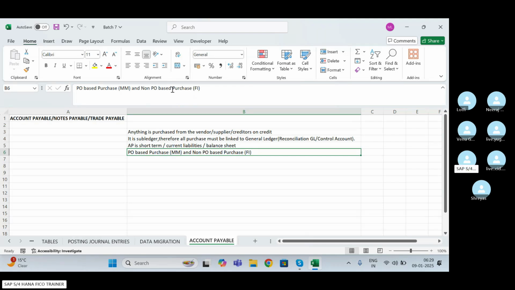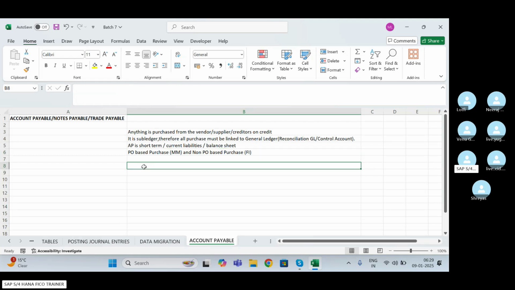You don't do that, you instantly purchase it. So that is like non-PO based purchase. Instantly you're purchasing, on an ad hoc basis, and you're not bothered about the plant inventory, lab inventory, all this. But when you have to purchase a laptop, then definitely you do a lot of research. So in a company also there are some PO based purchases, some non-PO based purchases.